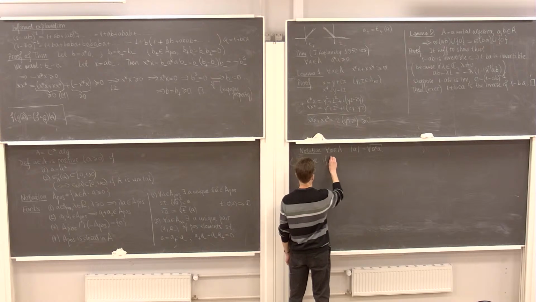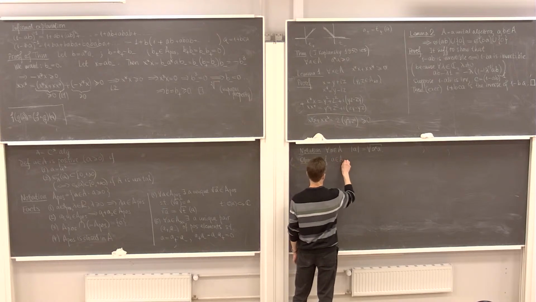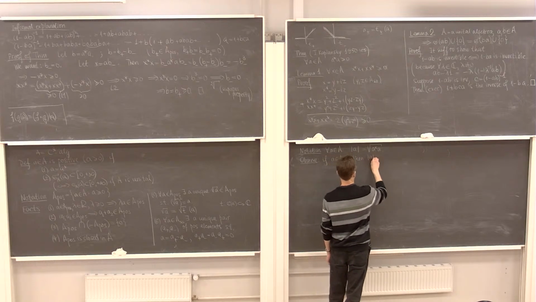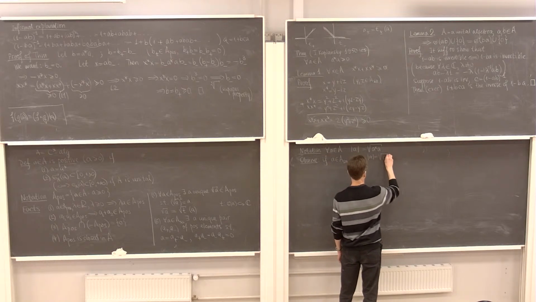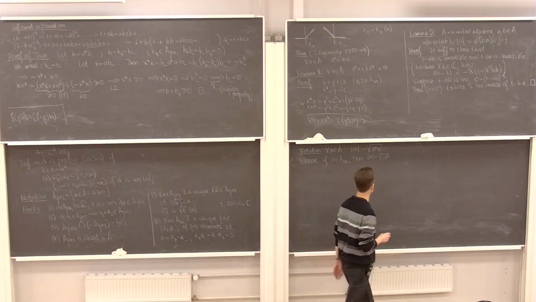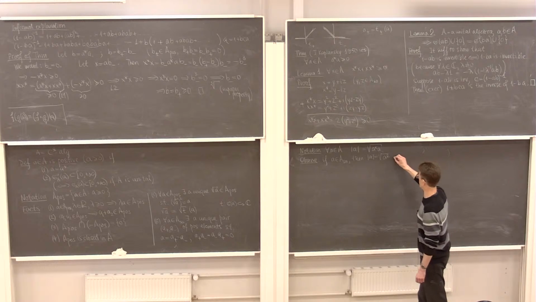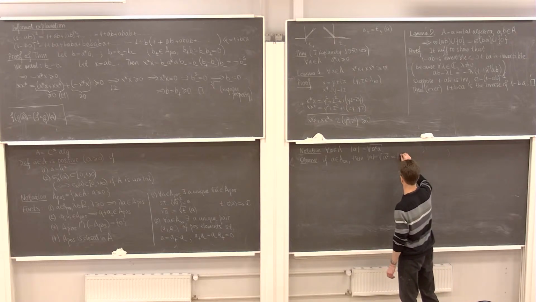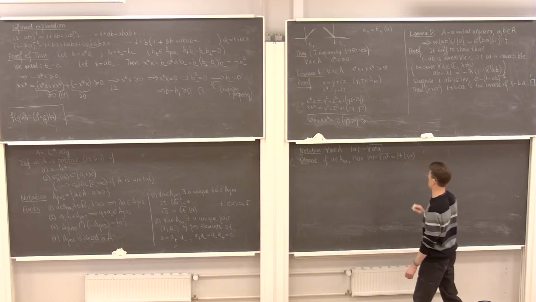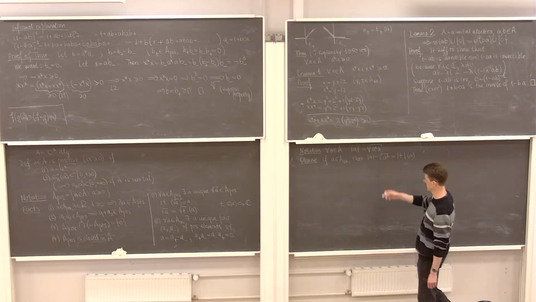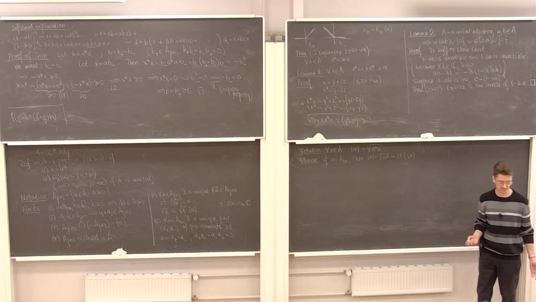If A is self-adjoint, then the absolute value of A is equal to the square root of A squared. And by the superposition property, this is nothing but the function, the absolute value of t applied to A, because the square root of t squared is the absolute value of t.